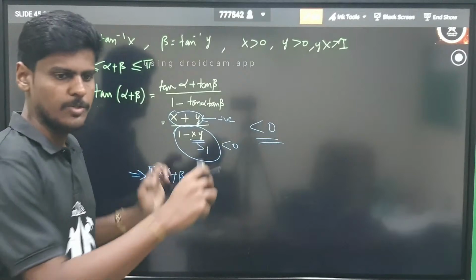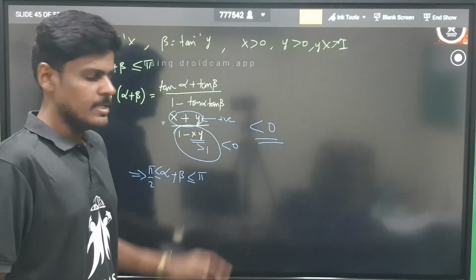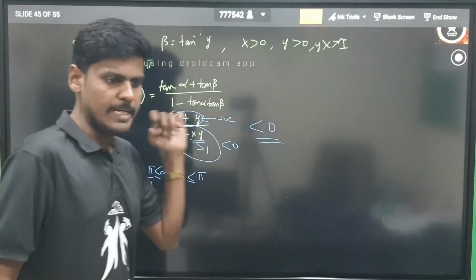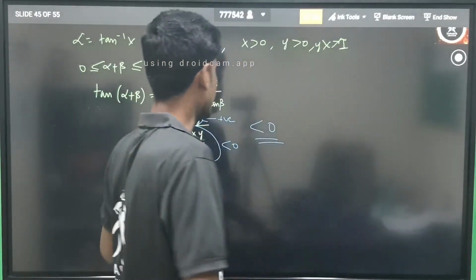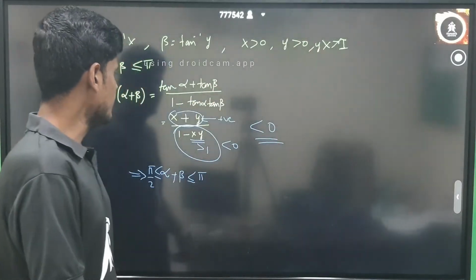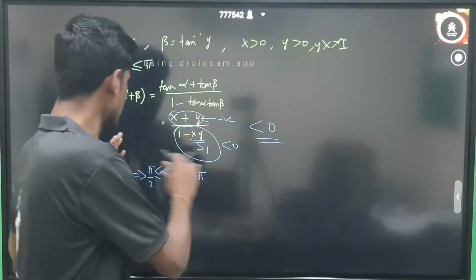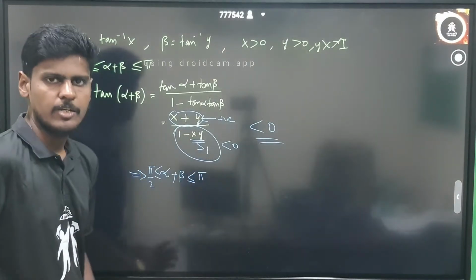So what we need to do is just subtract 180 from this. That will give us the answer between minus 90 to 90. So we just need to write the answer as minus pi plus tan inverse of (x plus y) by (1 minus xy). That will be the required answer. I hope this is clear now. Just observe the angle. Angle is between 90 to 180.